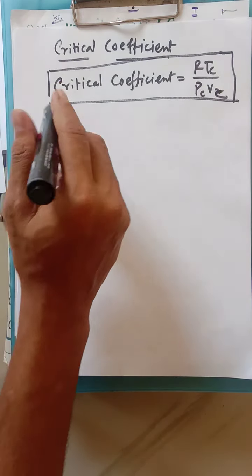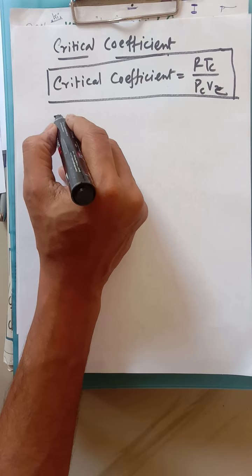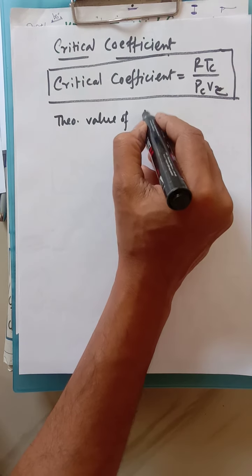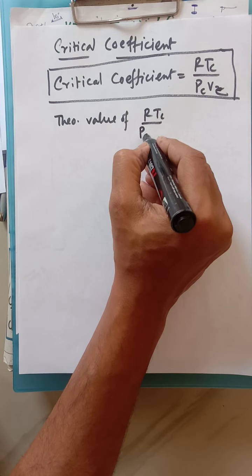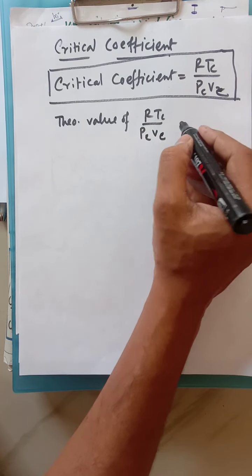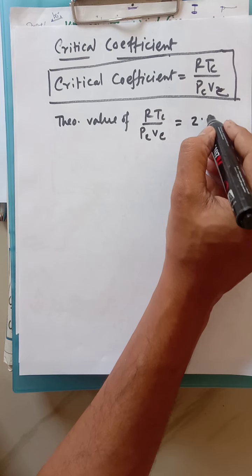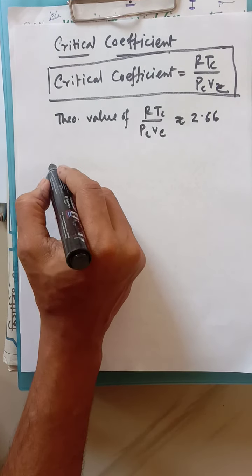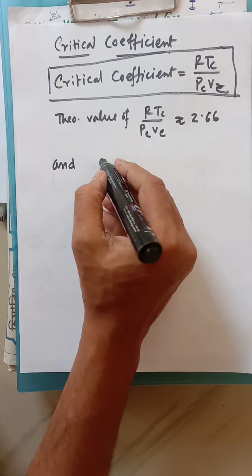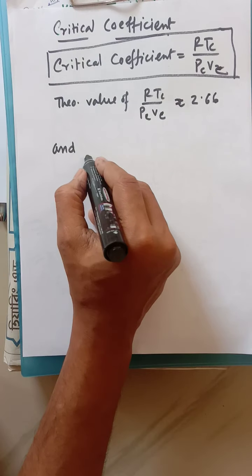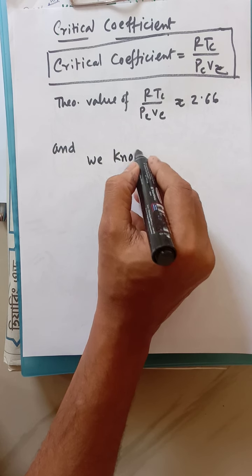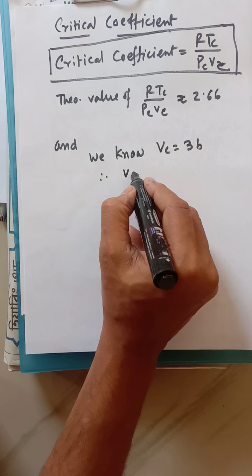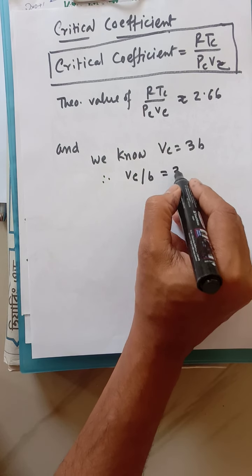Now here we have to remember that the theoretical value of RTC by PCVC will be near about 2.66, and as we know, VC equal to 3B, therefore VC by B will be 3.